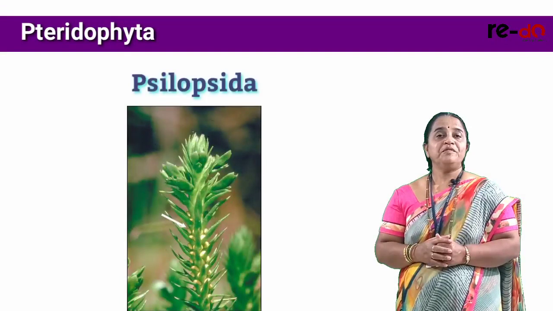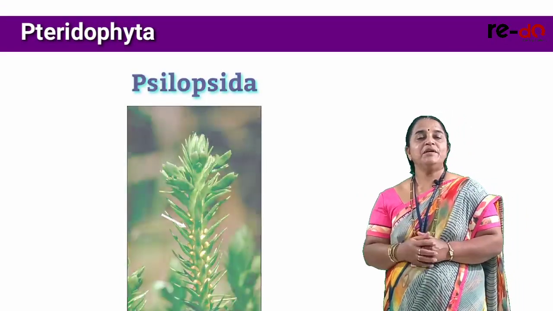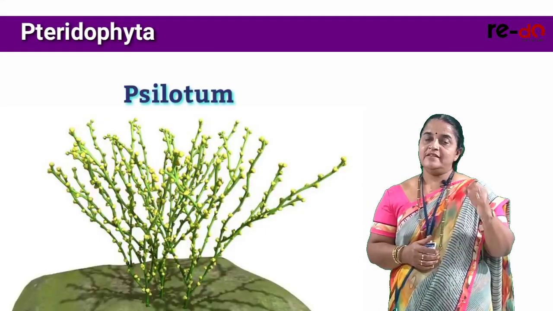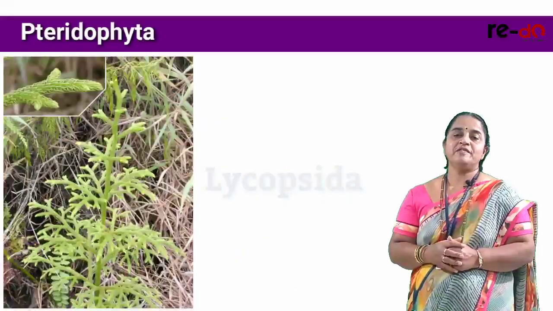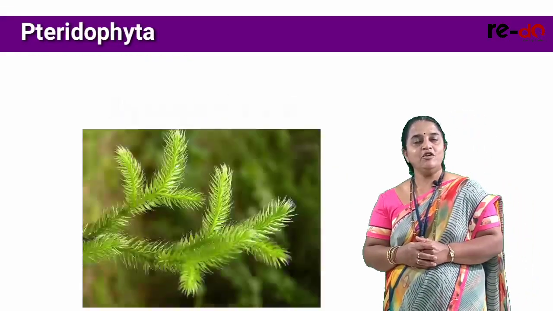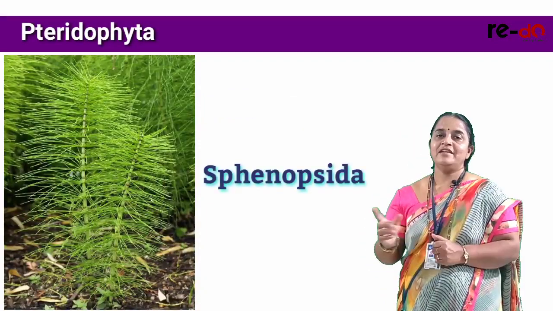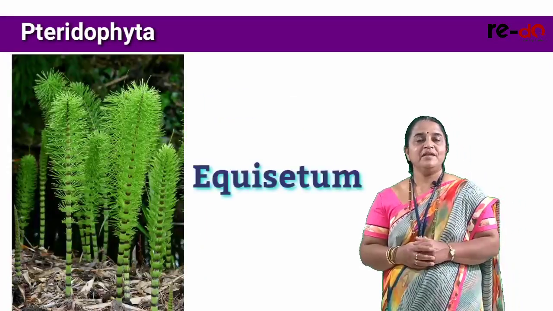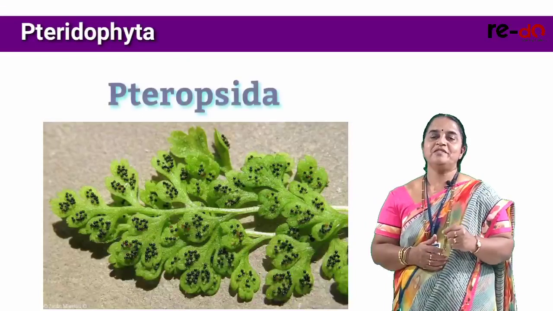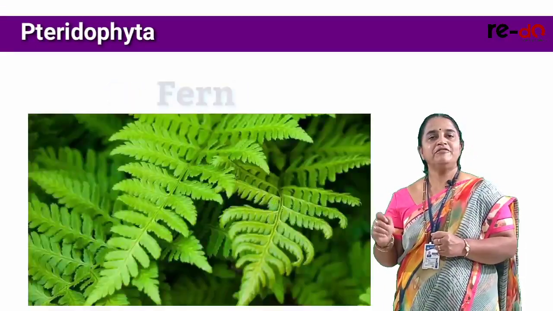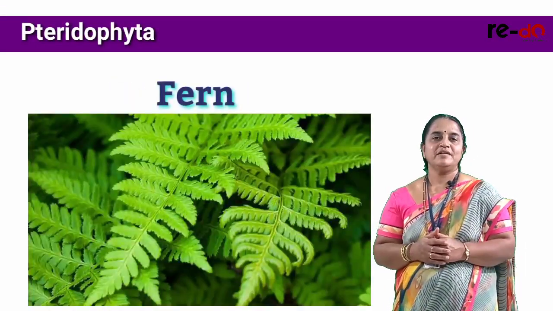So the first class in Pteridophyta is Psilopsida. Example is Psilotum. The second class is Lycopsida. Example is Lycopodium. The third class is Sphenopsida, example is Equisetum. And the fourth class is Pteropsida, example is fern or Nephrolepis.